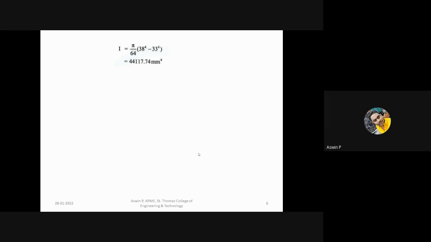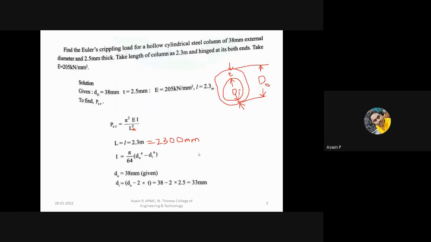After that, you have to find PCR directly. If you are directly substituting the values, PCR will become pi square into Young's modulus, for which the unit should be checked. That's in kilonewton per mm square. When converting kilonewton to Newton, that will become 205 into 10 raised to 3 Newton per mm square.